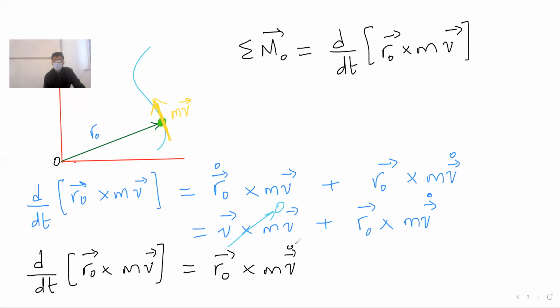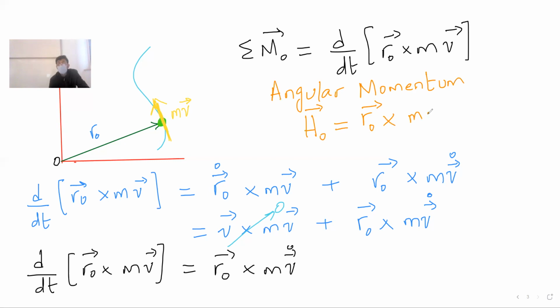And if you're getting confused about this dot, you don't need to worry. You can see that I removed the dot and I put a d over dt. Now, in order to reduce this confusion, I will write angular momentum as H naught equal to R naught cross mv.